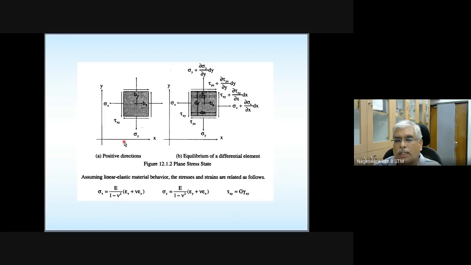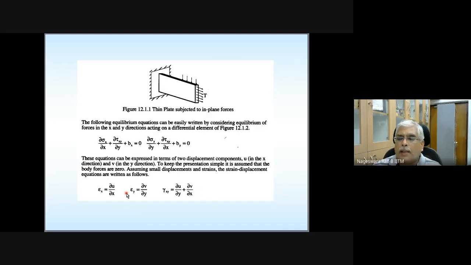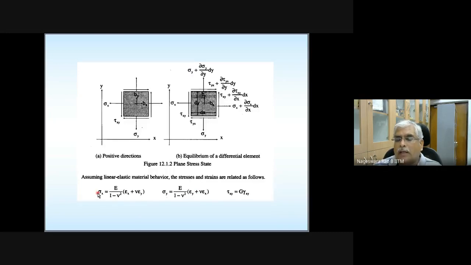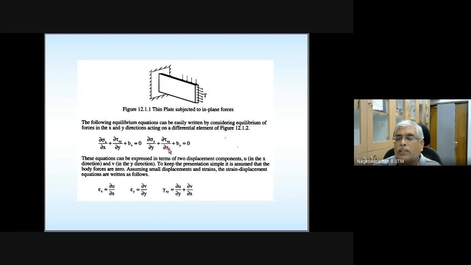That is what we require. We require equilibrium equations in terms of displacements. So we are going to substitute these stress-strain relations into the strain displacement relations, and then we are going to get stresses in terms of displacements. And those relations we are going to substitute into these two equations.